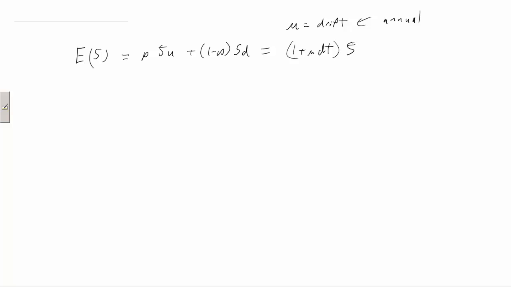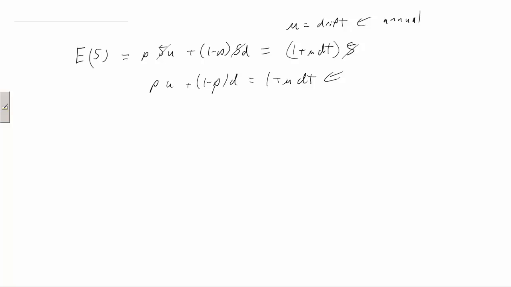So the expected value of the stock then lets us cancel the S off each one. And now we have P times U plus 1 minus P times D is equal to 1 plus mu dt. This side of the equation we have numbers for.